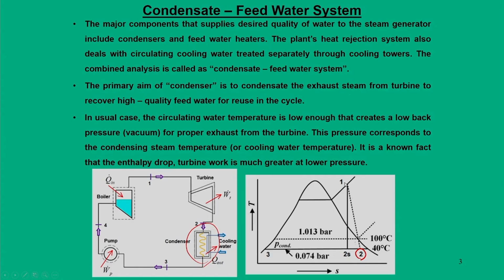During the expansion process from 1 to 2, one can stop this expansion at any intermediate point on this diagram, but the lowest possible point will yield maximum turbine output. In other words, if a condenser is operated at lower pressure, then the work output, or enthalpy difference between H1 and H2, will increase. That is the reason we require this condenser to operate at very low pressures.